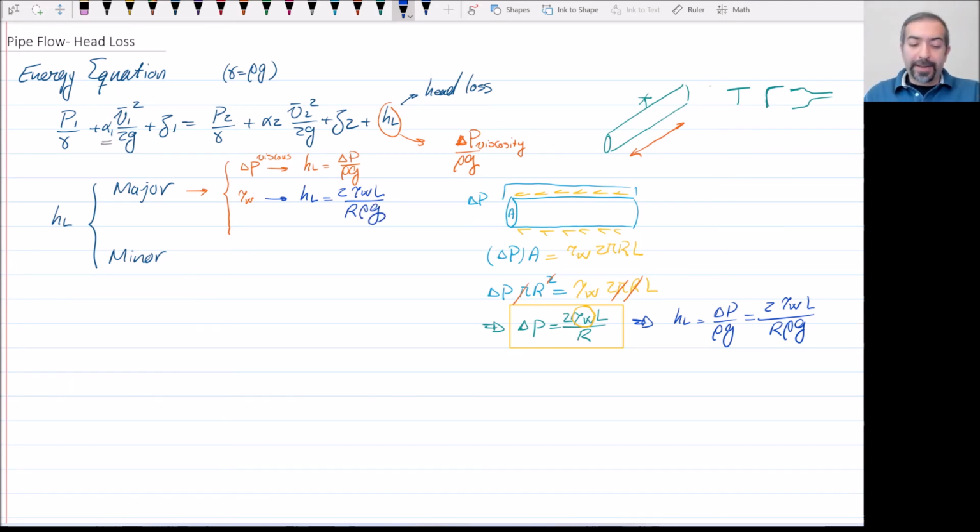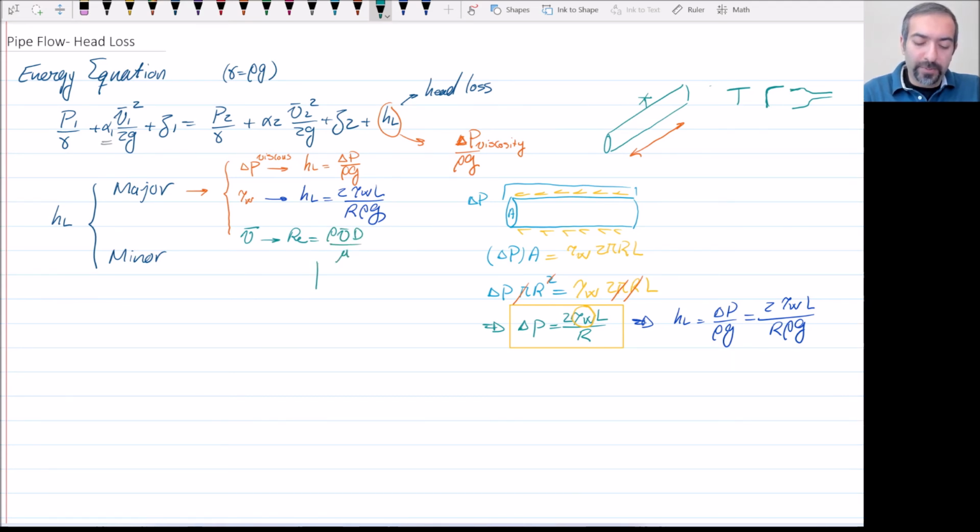Now, sometimes the only thing we know is the average velocity, or the volume flow rate. If volume flow rate is known, average velocity can be calculated by dividing the volume flow rate by the cross-sectional area. In this case, we calculate the Reynolds number. Reynolds number is equal to rho v bar d over mu.